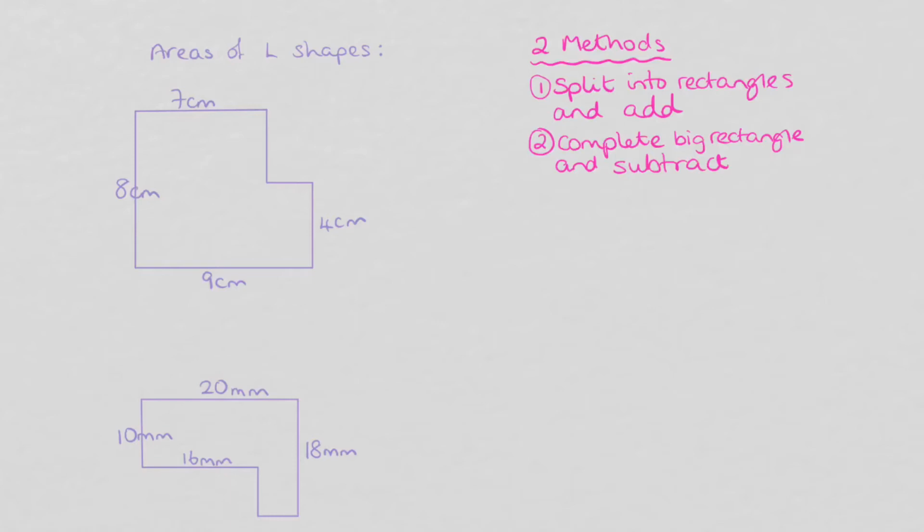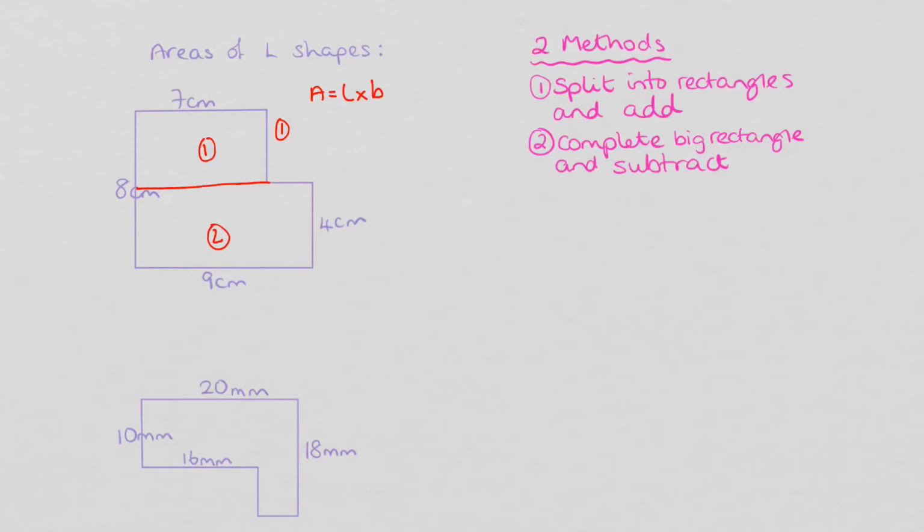So let's do it by splitting up. Let's split this way. Okay, so the correct way to set this out is to use your formulas as usual. We would use A equals L times B. Actually, what I'm going to do is change these to 1 and 2 so we don't get confused, because we've already got an A in our formula.